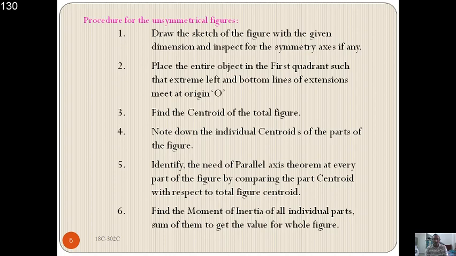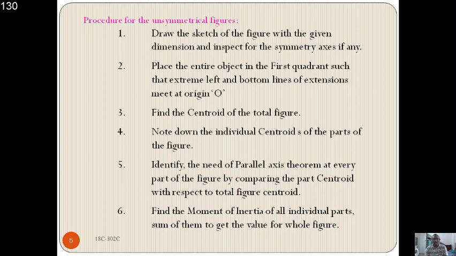Then note down the individual centroids of the parts of the figure. Then observe the distances from the whole figure's centroid to the individual centroids in the x and y directions. If all the centroids of x are equal to the original centroid of the whole figure, then there is no use of the parallel axis theorem.